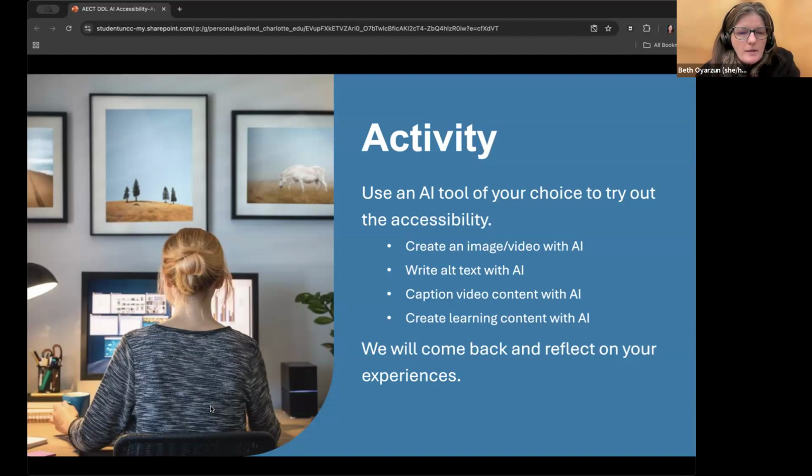Or if you had brought a piece of content as the instructions had asked, you could try to use that to modify it to make it more accessible. Maybe you already have some content that had images. You can use one of the alt text generators, whether it's Microsoft or the one that Rebecca put the link in. Maybe we can grab that link again.